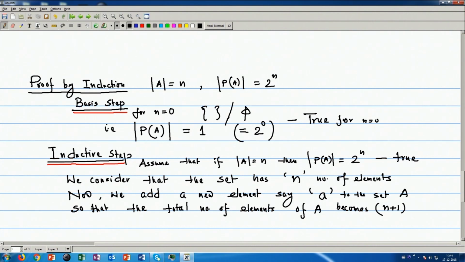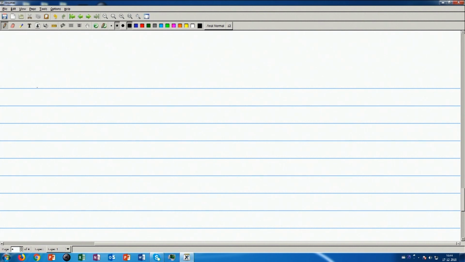Now, just now the property we have seen, that when we have added a new element a, then for the set A whose cardinality is n plus 1, we can get two classes of subsets.